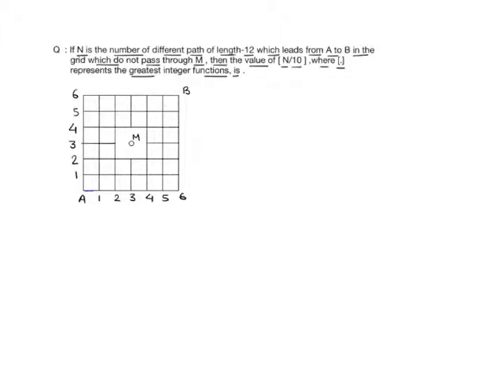So we know this length is 1, 2, 3, 4, 5, 6, 7, 8, 9, 10, 11 and 12. That means the length of the shortest path is 12.